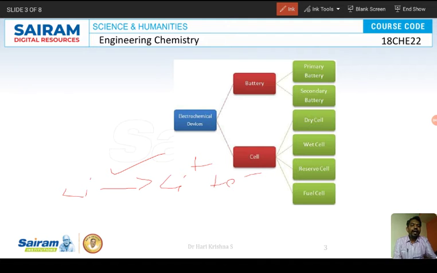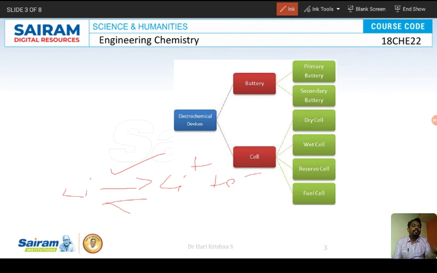Once the battery percentage comes down to 10% or 15%, you're going to put the battery for charging, isn't it? When you put the battery for charging, you're supplying electrons from an external power source. We're connecting it to the plug point or socket, right? So we're giving the electrons. What will happen? Lithium plus accepts the electrons and gets reduced to Li.